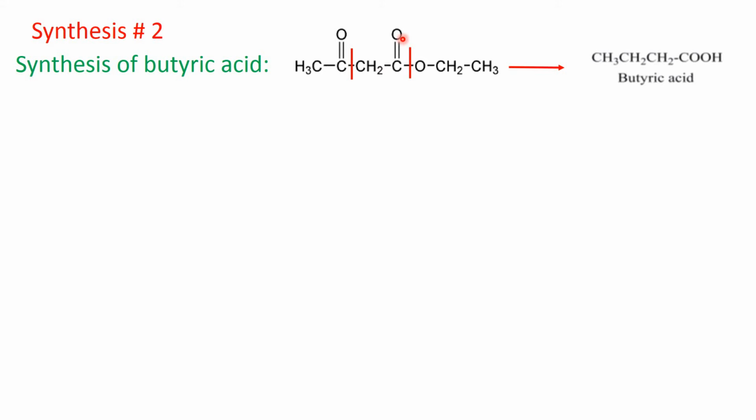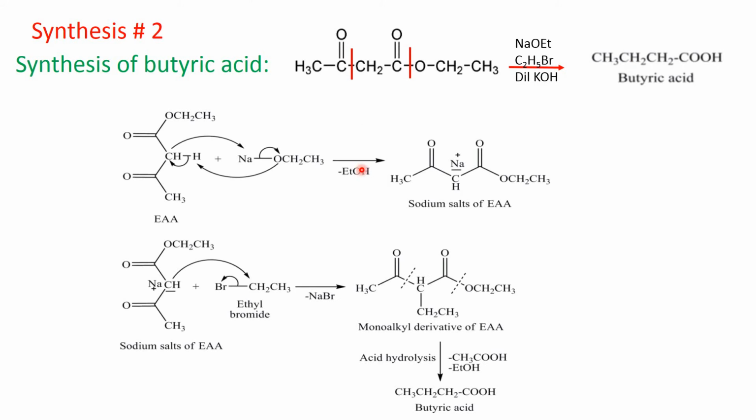Now compare this part with your product molecule. Look here, CH2COOH, this part is already there. So you just have to add this ethyl group. Then you have to go for acid hydrolysis. So this is the pathway. First this carbanion is formed, and the sodium salt of this carbanion is present.